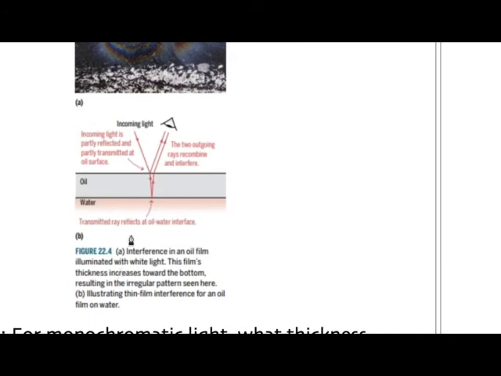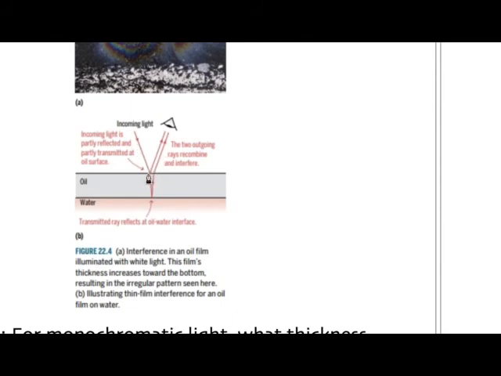All right, so if the path difference is equal to an integer number of wavelengths, then the two outgoing waves will be in phase. You'll get constructive interference for a particular value of wavelength.